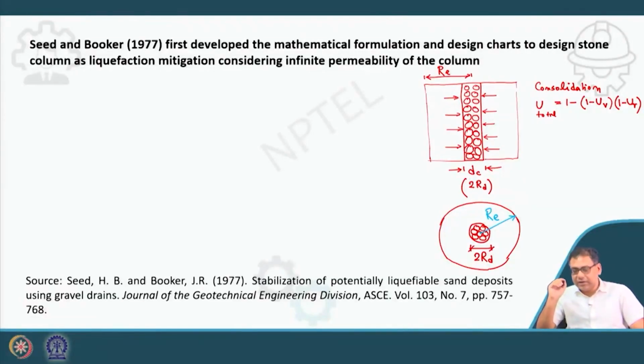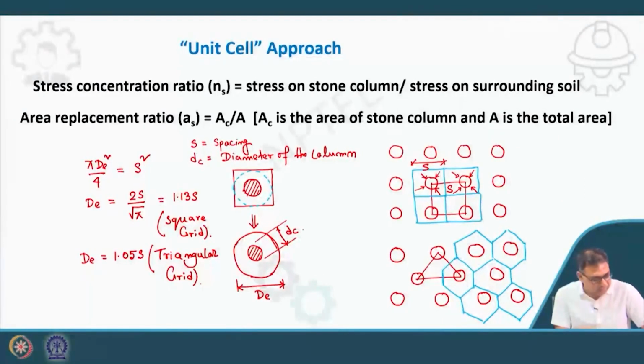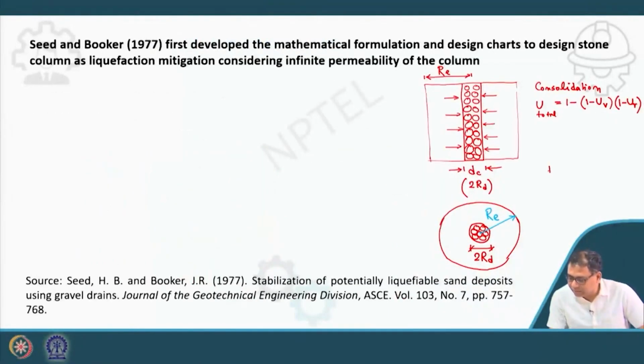D is the drain, E is the influence zone. Okay, so here we can see that if I compare the previous notation, we can write that DE is equal to 2RE and DC will be equal to 2RD.